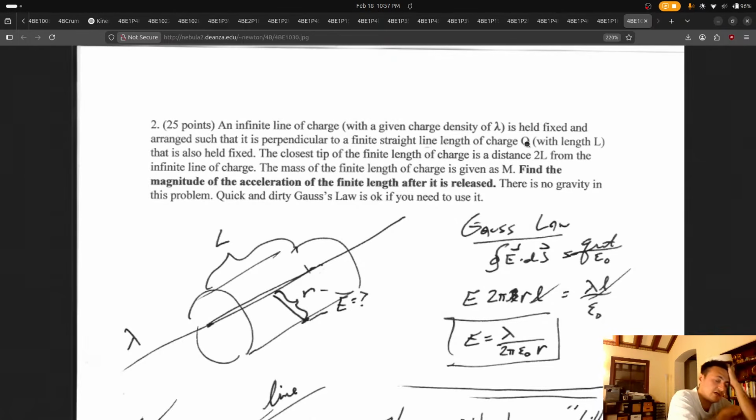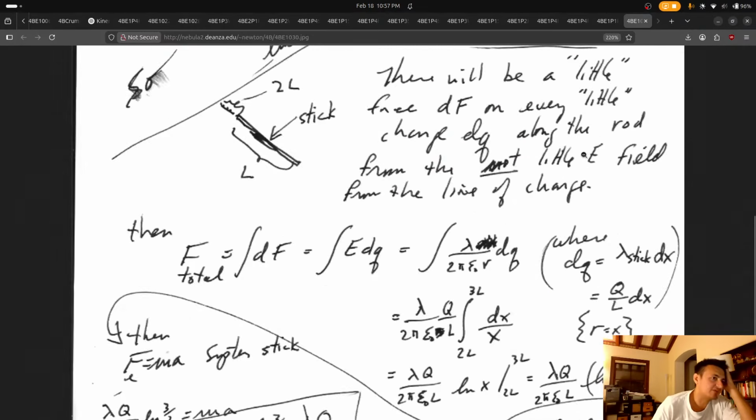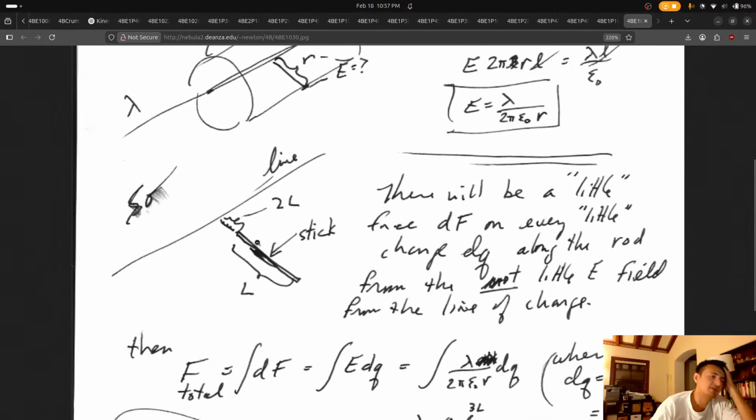Okay, so you use Gauss's law, which gives you the E field as a function of r, the radius. But then you have this length L with a different lambda, lambda prime here, and you need to find the force. So you're going to do a dq, which is just lambda dr. dq over dr is equal to lambda, so dq equals lambda dr. And then you just integrate E dq.